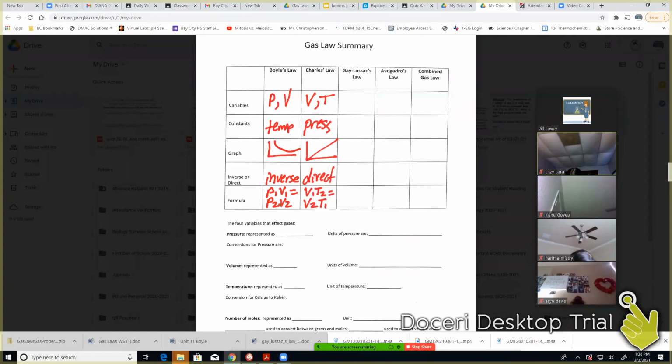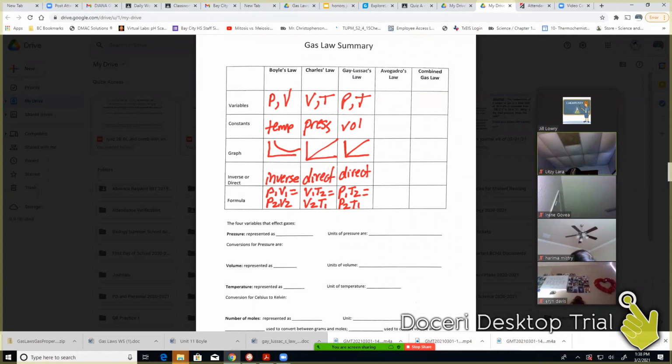Then Gay-Lussac, we looked at pressure and temperature. So my volume was held constant. It's also a direct relationship, so it looks like that. And then we had P1 T2 is equal to P2 T1.